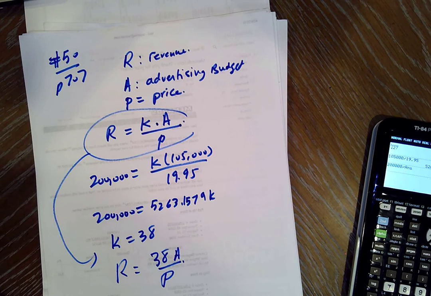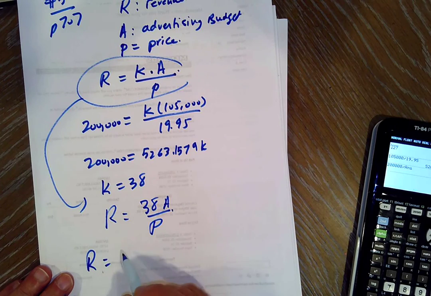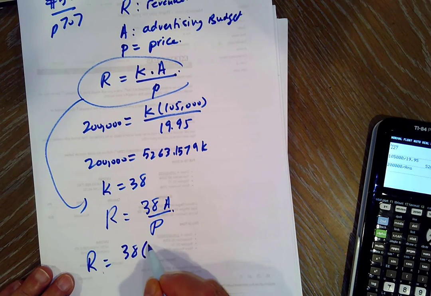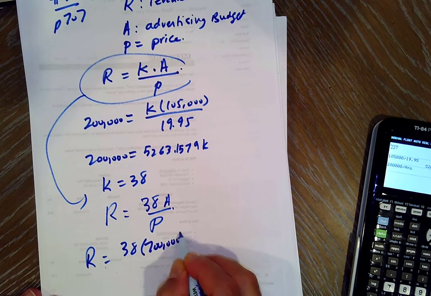How many widgets would he expect to sell at $17.50 each if 700,000 was spent on advertising? So A is 700,000, and what was the price?